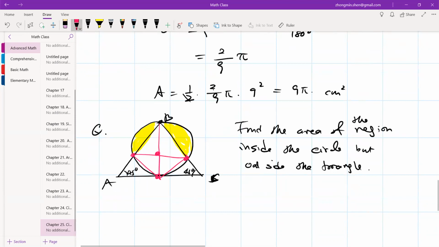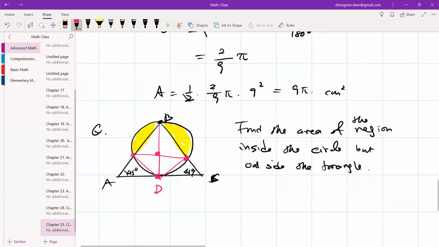Oh, great. So those are all the lines, right? Then you see B and D definitely is a diameter, right?